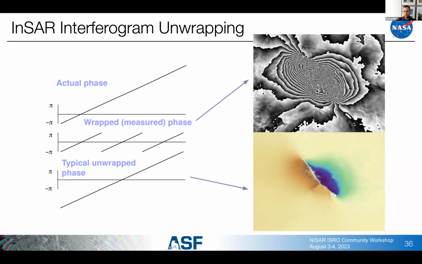And so, for example, for this wrapped phase measurement, here is the corresponding unwrapped phase measurement. So now we can see that if we start from here, the deformation in this area steadily increases until we get to the actual epicenter of where this earthquake happened.